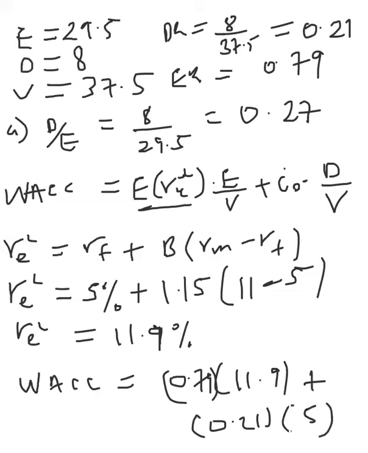So I have 0.79 times 11.9 plus 0.21 times 5, and that gives me 10.45. So that means my weighted average cost of capital is equal to 10.45%.